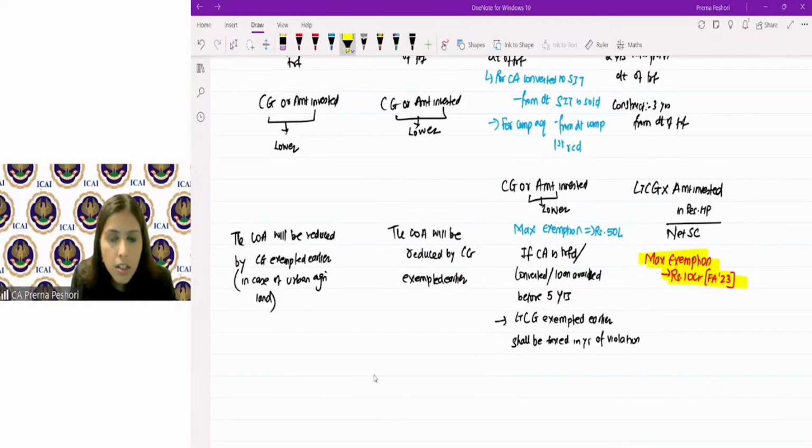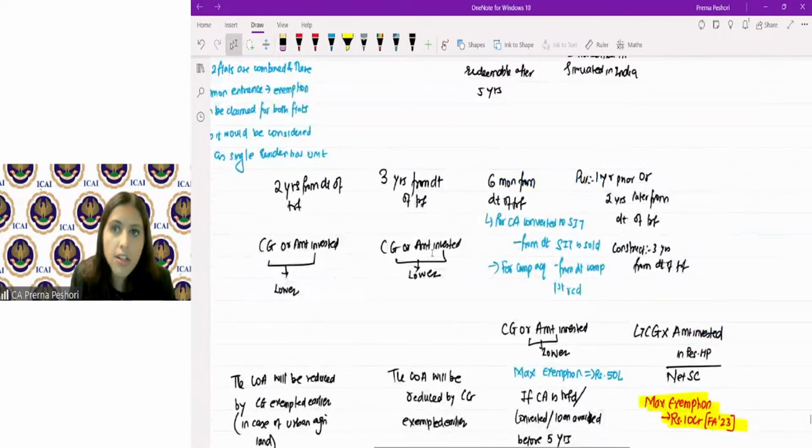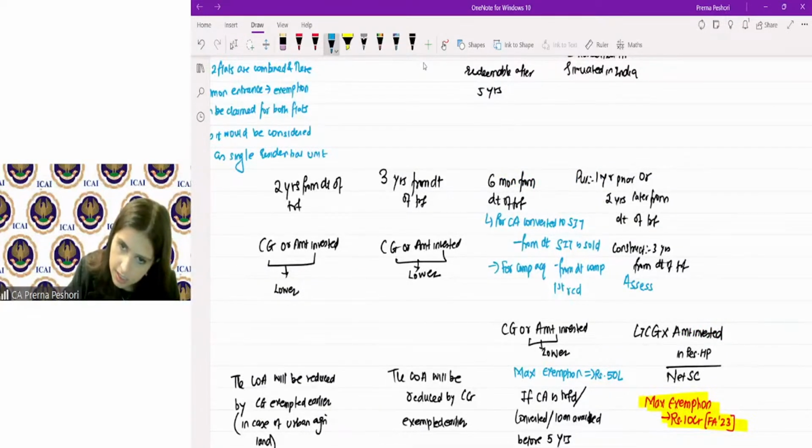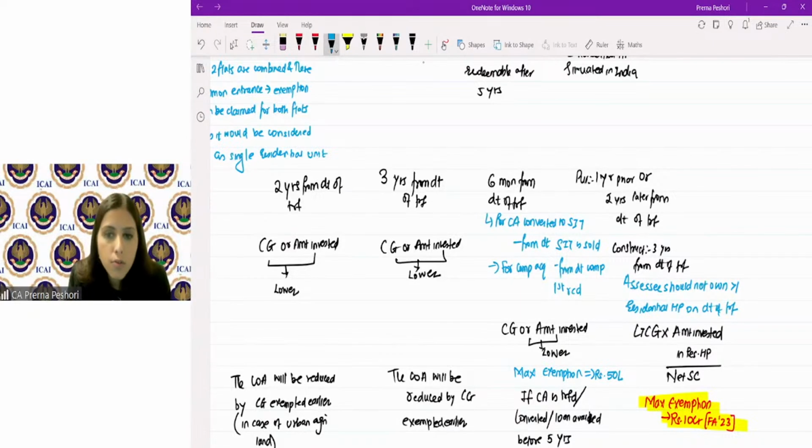Are we getting that? Also here, one more condition is that the assessee should not own more than one residential house on the date of transfer. So on date of transfer, you should only have one house property.